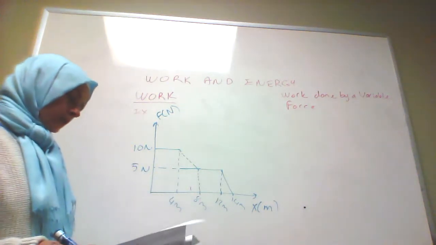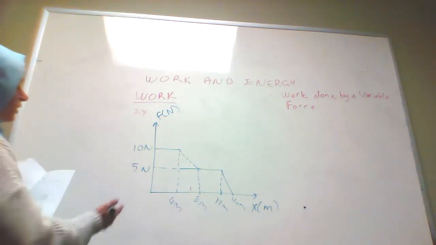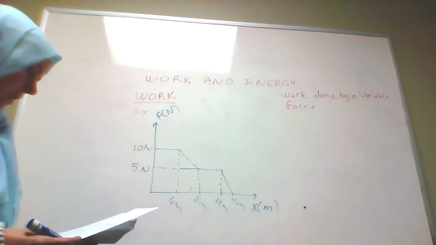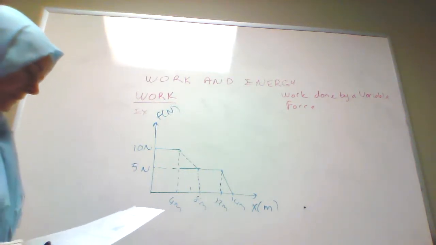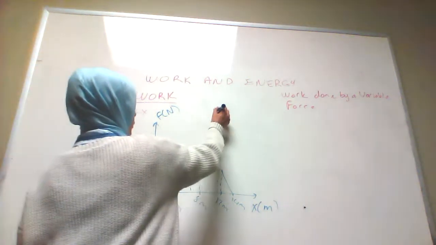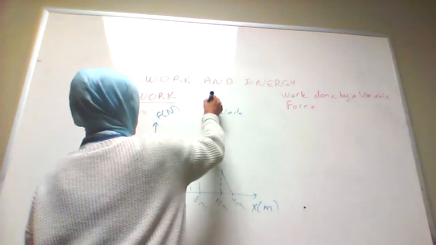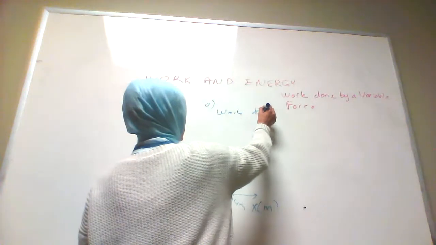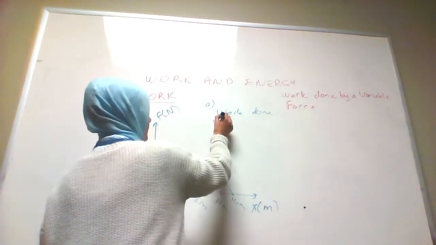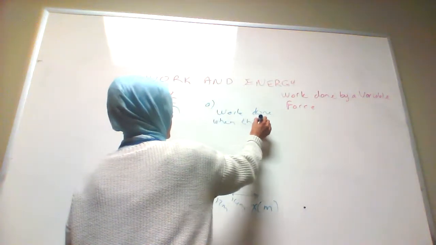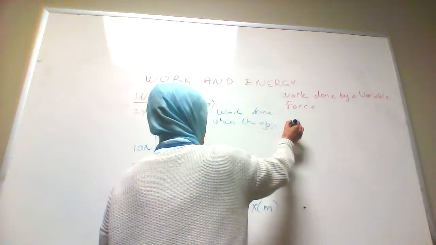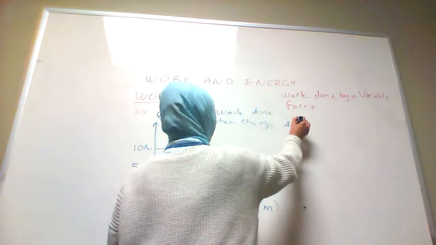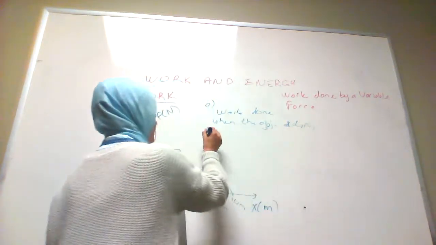The force applied to an object varies as shown in the figure. What is the work done on the object when the object is displaced by a distance of 4 meters? Work done, let's say, when the object is at distance D equal to 4 meters.